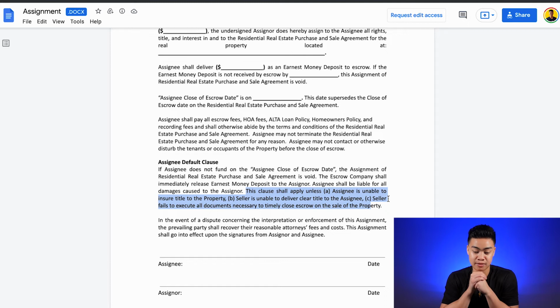So what this clause is saying right here is that if the end buyer or the assignee cannot perform by the very end, then we as the wholesaler get to keep their earnest money deposit and we can potentially sue them unless these things are at play. Meaning, if the assignee or the end buyer cannot ensure title of the property, then they can keep their deposit and we cannot sue them.